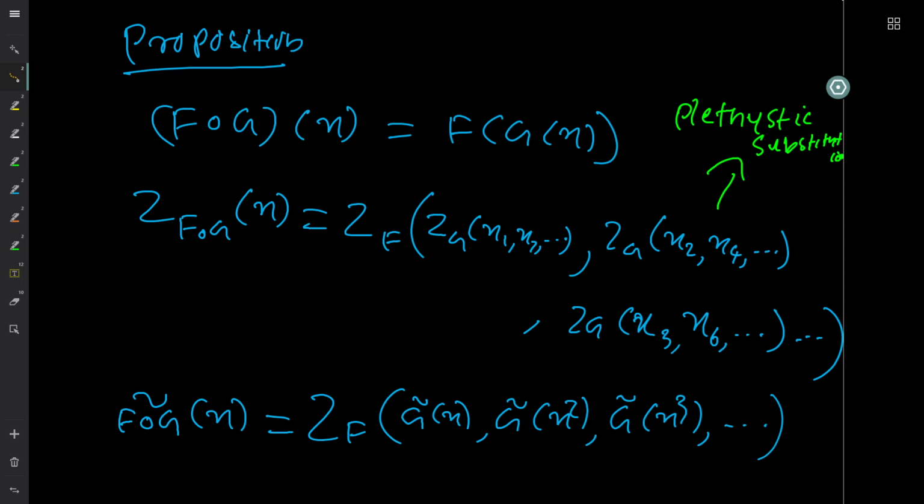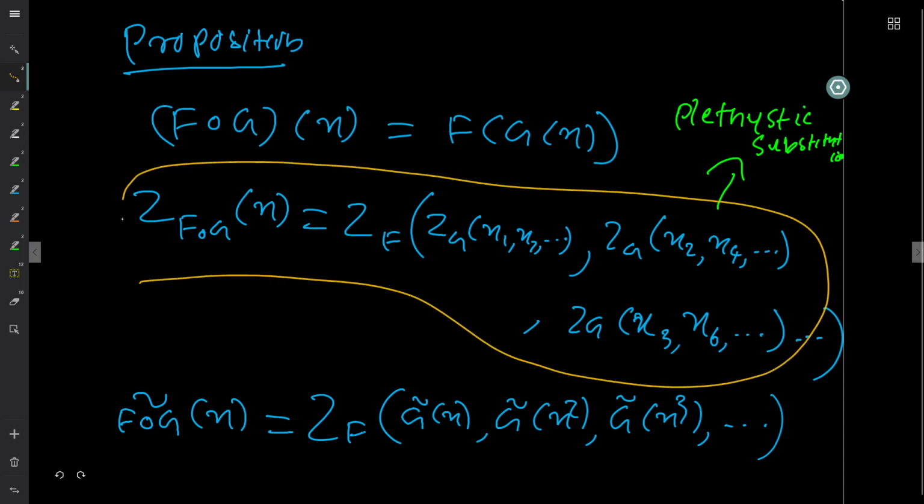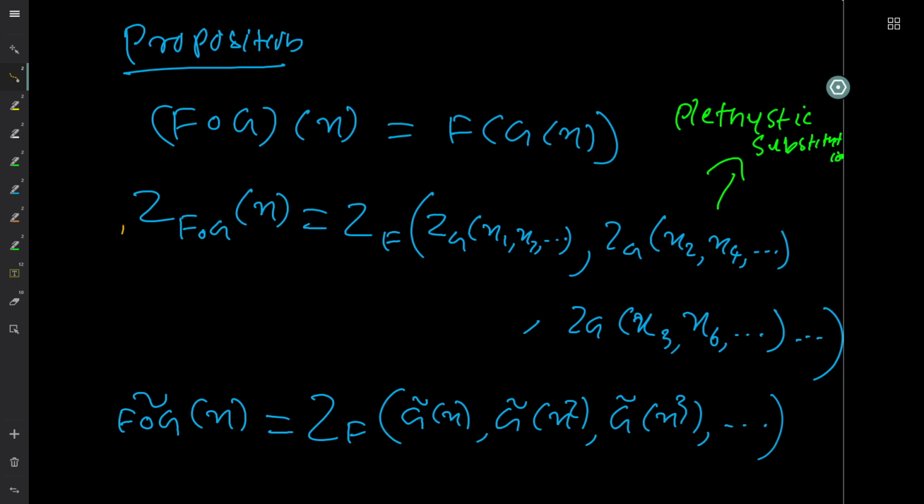Now, this kind of substitution is called a plethystic substitution. It has a name. Again, we won't go into further details on this, but it should be clear what we are doing here. And the claim is that this is precisely the cycle index series for the substituted species, the composition of F and G.